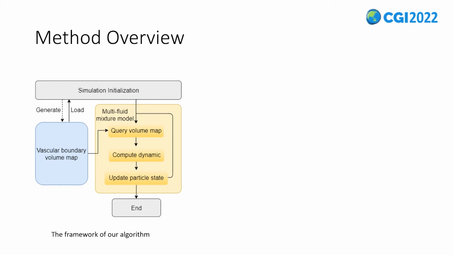Then we generate a corresponding vascular boundary volume map, and if the volume map already exists, we load it directly. In the multi-fluid mixture model part, we query the volume map in real time and use the queried value to compute the dynamics by the mixture model. Finally, we update the velocity and position of the fluid particles to realize the propagation of the contrast media.